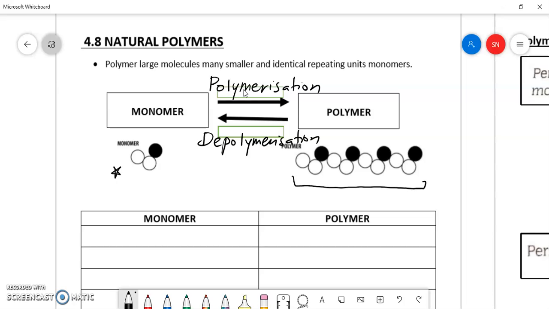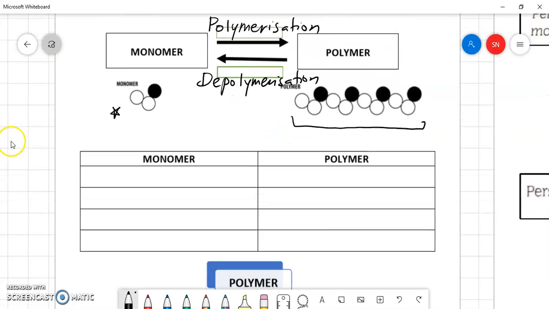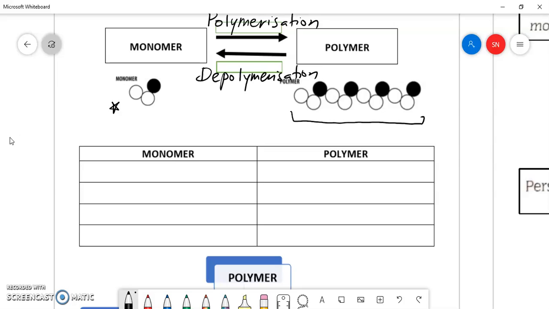Now let's look at some examples of monomer and its polymer. One example of monomer is ethene. The combination of a few ethene molecules forms polyethylene.